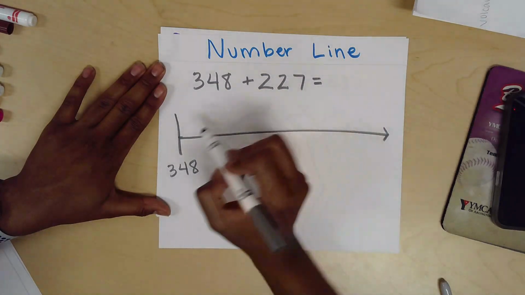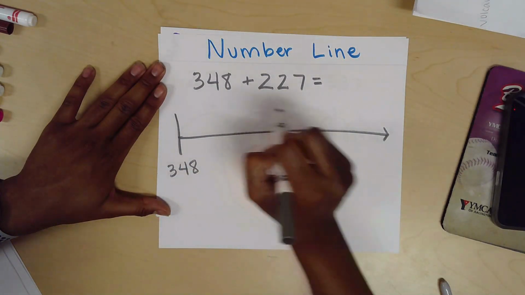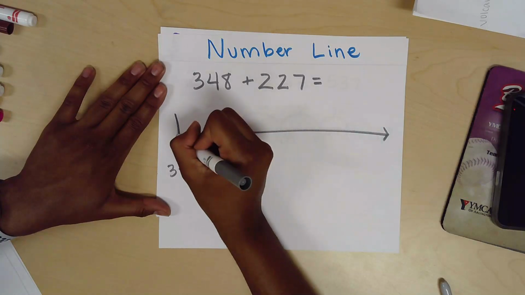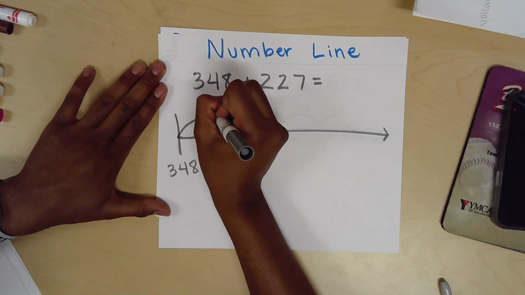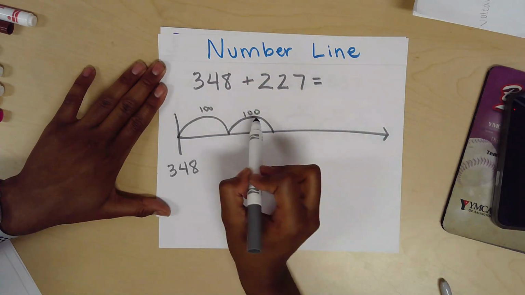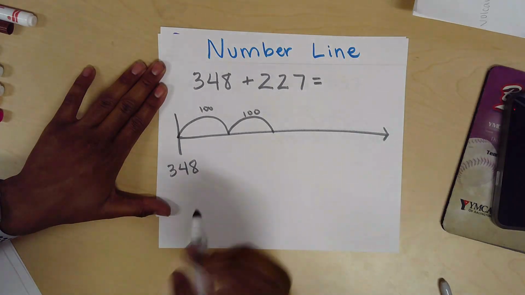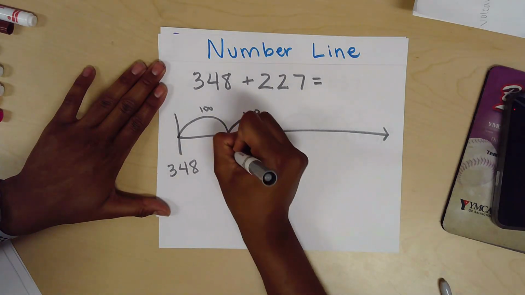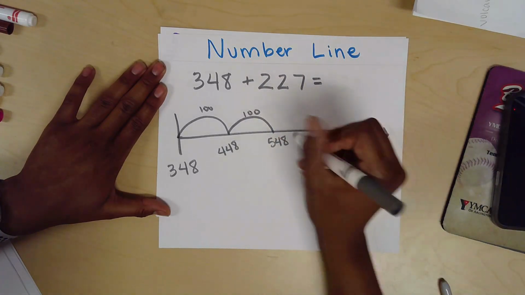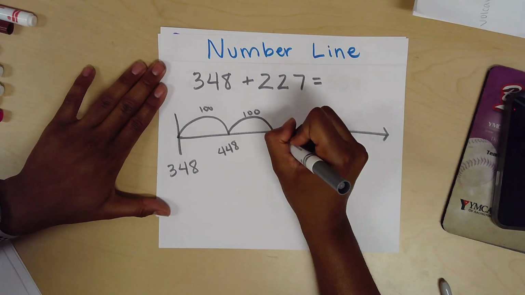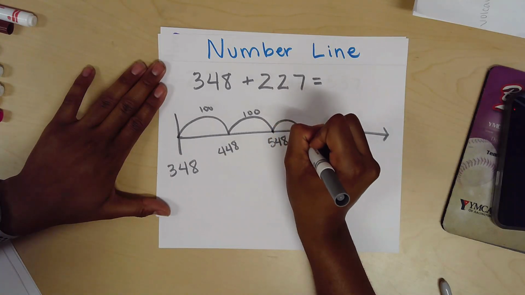With this one, if you want to, you can keep jumping. Let's just keep doing it the way we're doing it. So 100, 200. It's important to make sure you're writing those values at the top that you're jumping. So 448, 548. Now we're going to add 20. If you want to make it one jump worth 20, you can.